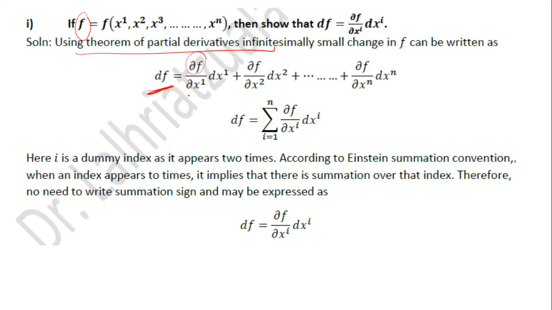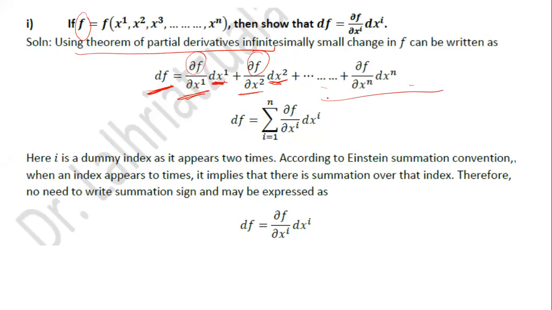Change in that physical quantity with respect to one coordinate variable multiplied with a small increment along that coordinate variable, plus the rate of change of that physical quantity with respect to another coordinate variable multiplied with the small incremental change along that coordinate variable, and so on.